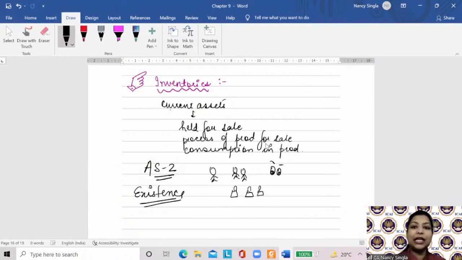The auditor will see that all the items are tagged, right? Tagging has been done on them, that is, what the quantity is, what the expiry date is. So everything should be mentioned, and whatever inventory count has been done, it should be supervised.